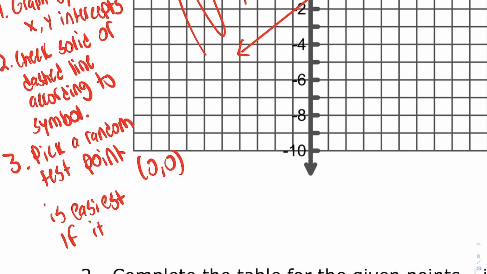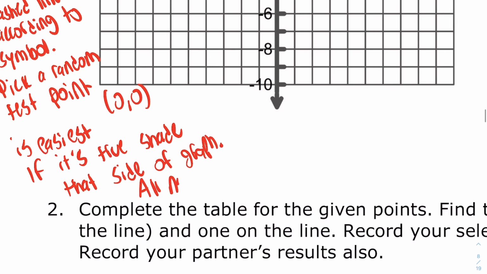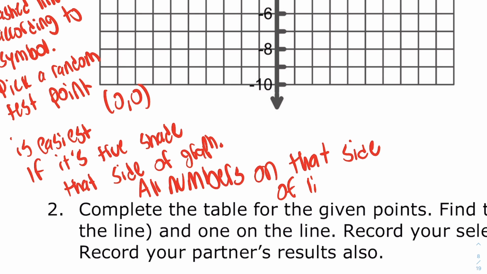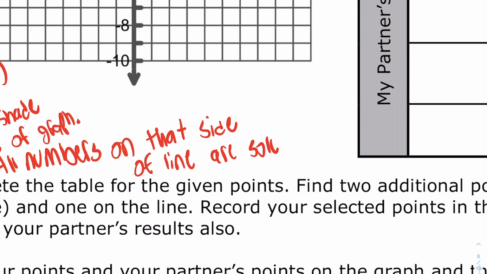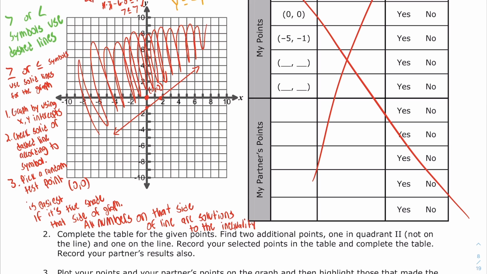If it's true, shade that side of the graph. All numbers on that side are solutions. Okay, use those 3 rules to make your graphs for today.